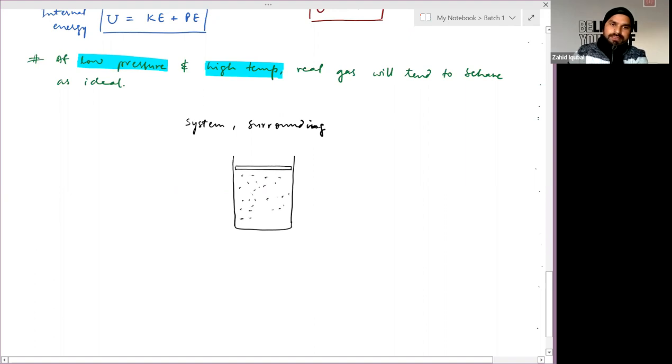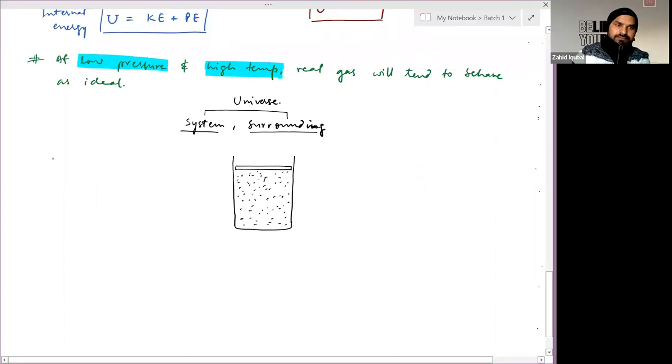So this gas is under observation, for which we have to calculate different physical parameters such as pressure, volume, temperature at different states. So this gas is called system. Surrounding is all the influencing factors from outside which may influence this system by any means. And these two terms combined are called universe. So we can say universe may divide into two parts. First is system and the second one is surrounding.